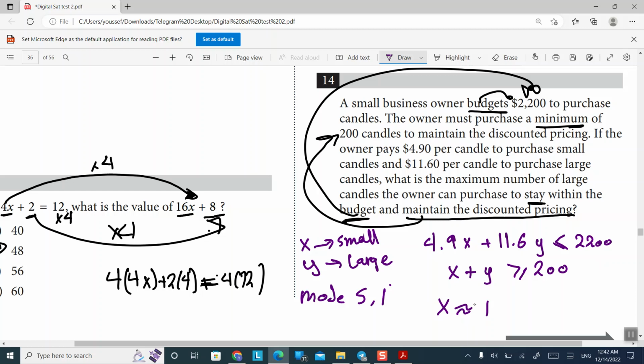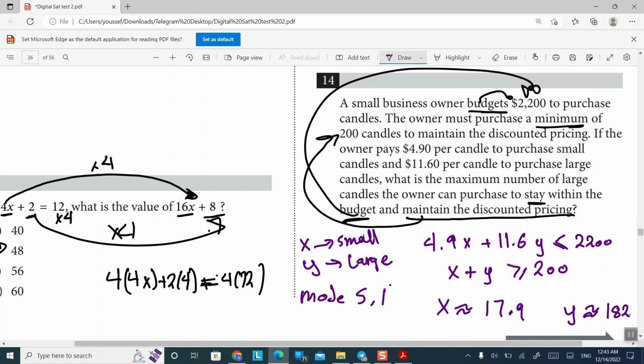Let me recheck. Give me a second. I mean here, my bad. x is approximately 17.9, and y is approximately 182.